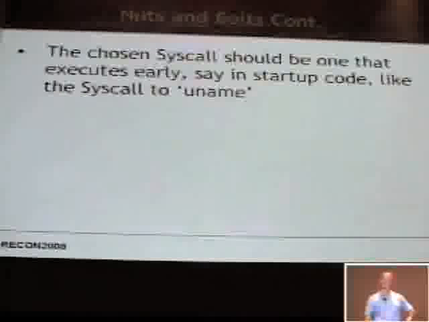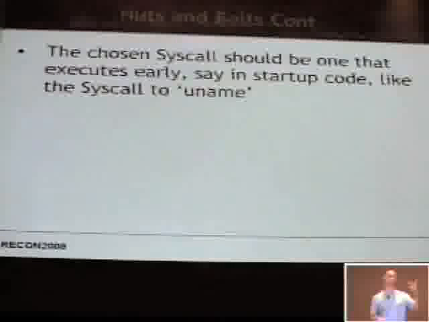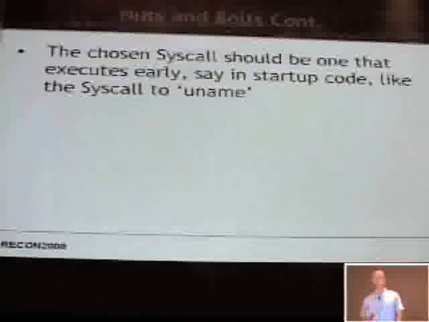And what's interesting, too, about the uname or anything in the startup code is that once execution has hit the syscall that you've hooked, all the code above it is really slack space at that point, right? Because it's never going to get executed again, not at least in startup code. Because the entry point has already happened and it's gone down a little bit. And for what we're doing for our handler code, we only need around 20 bytes. So it's a very, very small footprint.